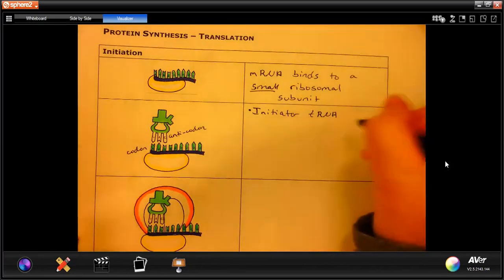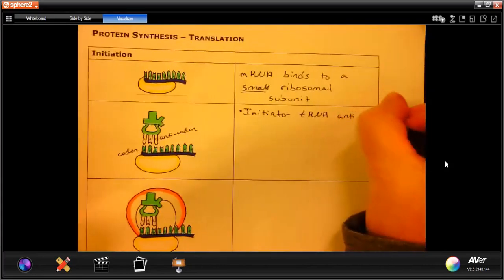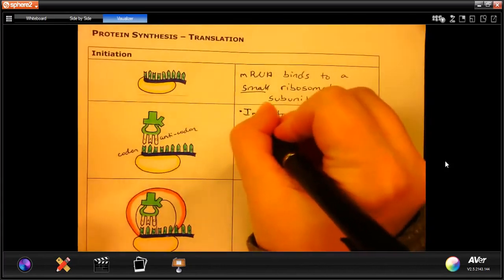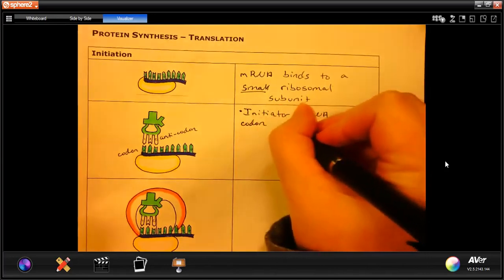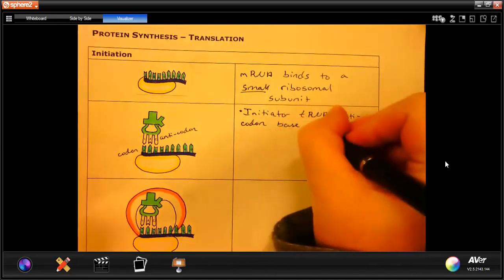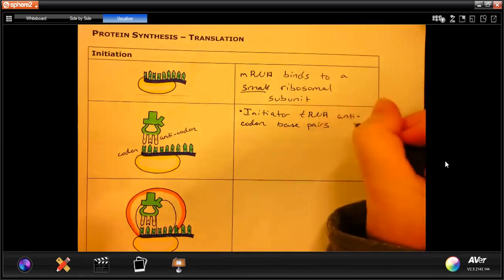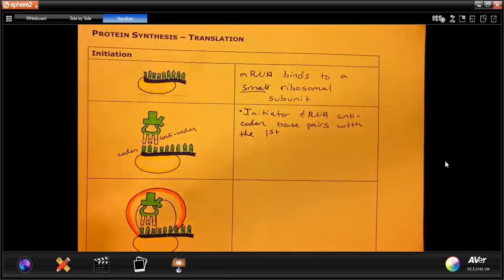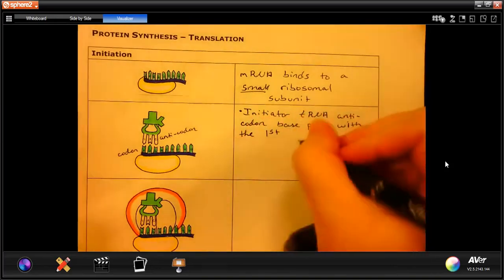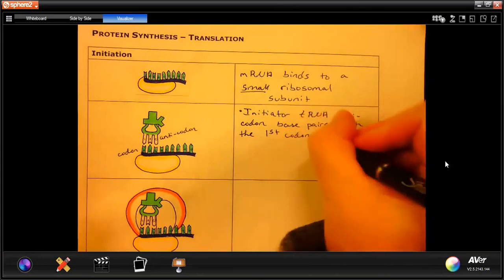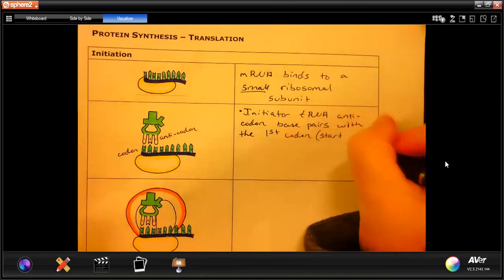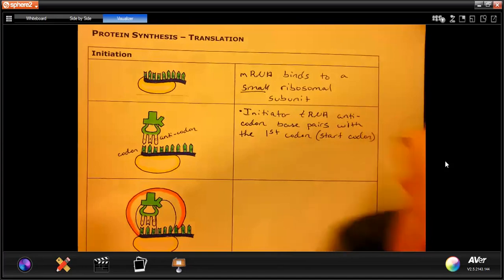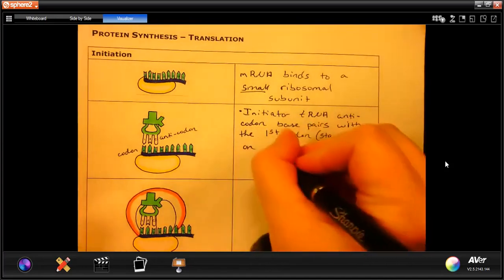So the initiator tRNA anticodon base pairs with the first codon, and of course, as we know, it's the start codon on mRNA.